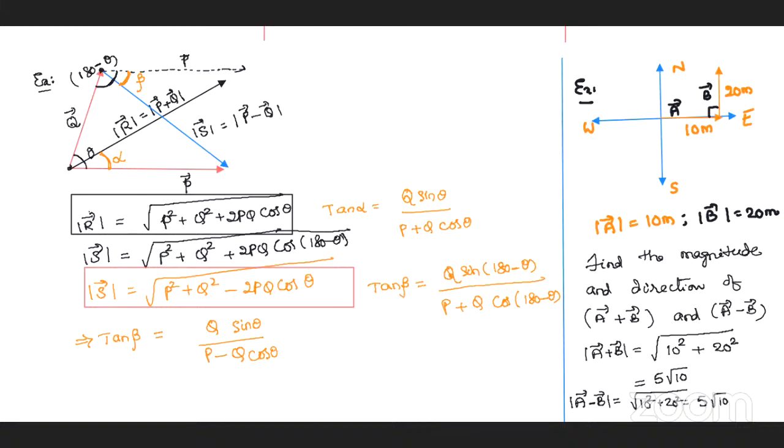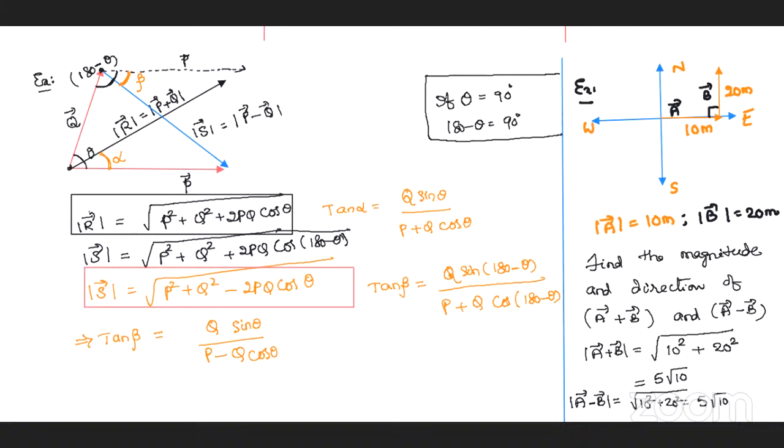Because already given on this page, when two vectors are perpendicular, theta is 90 degrees and 180 minus theta is also 90 degrees. So the angle between the two positive vectors is 90 degrees, and the angle between one positive and one negative vector is also 90 degrees.